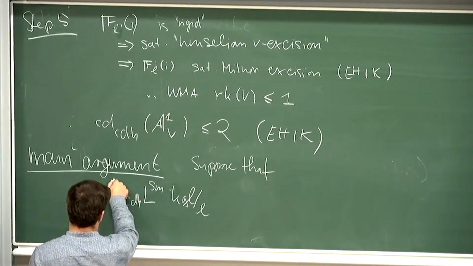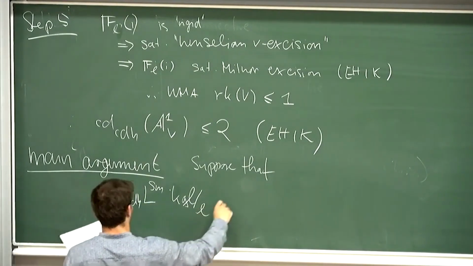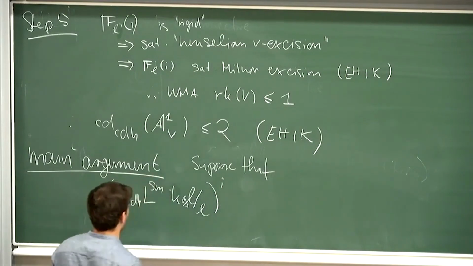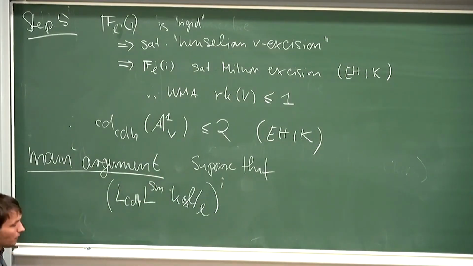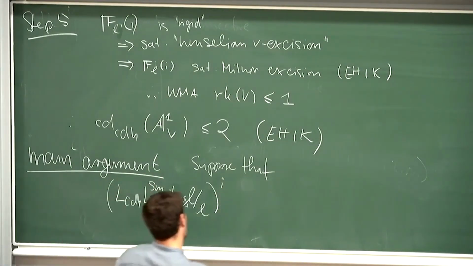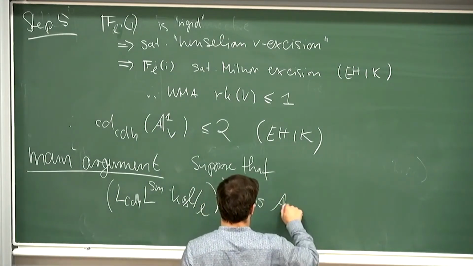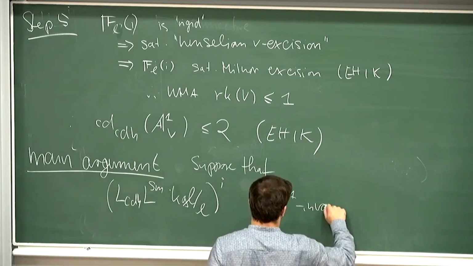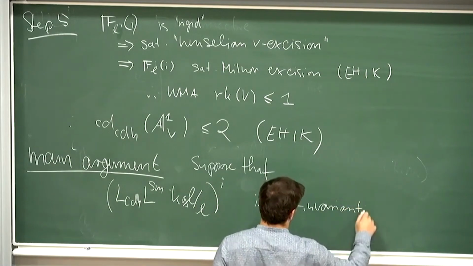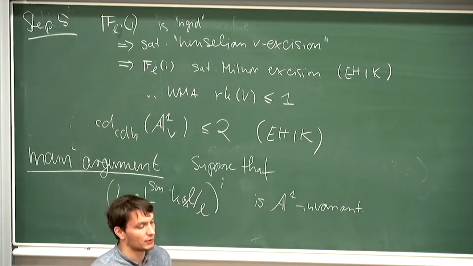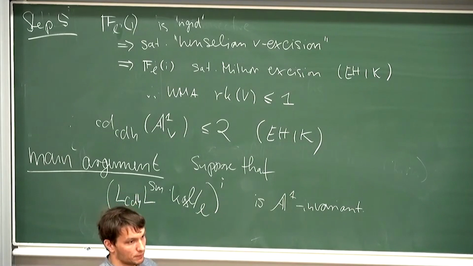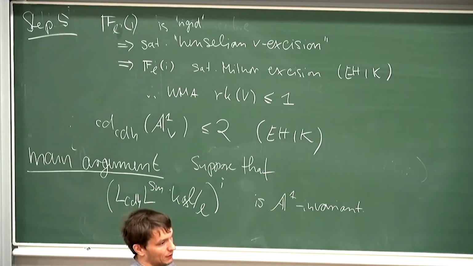And I look in degree I. Okay? Suppose that this thing is A1 invariant. And I know that this is true if I equals 0, because then I'm just looking at KH. And I want to deduce that then FLI is A1 invariant.